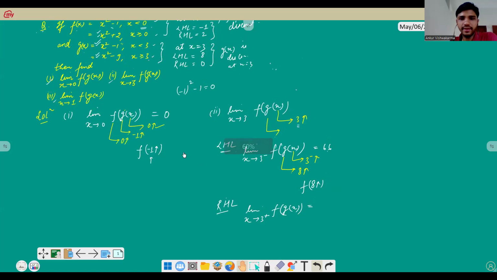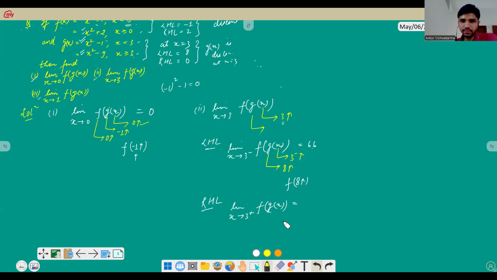When x approaches 3 from the right hand side, where g is approaching, that we need to check. For 3 plus, we will take the second definition of g(x). So it will be 3 square minus 9, which is 0. So when x approaches 3 from the right hand side, g approaches 0.